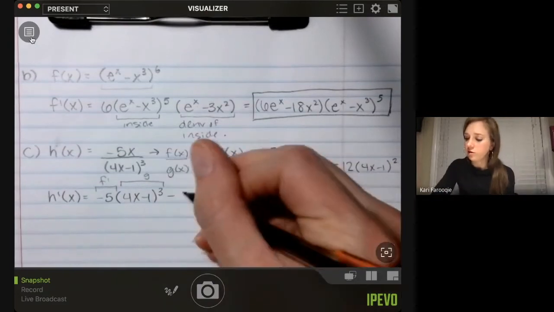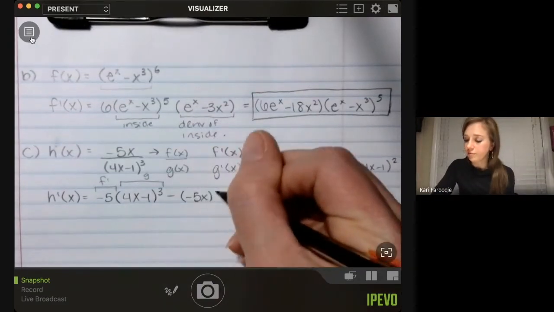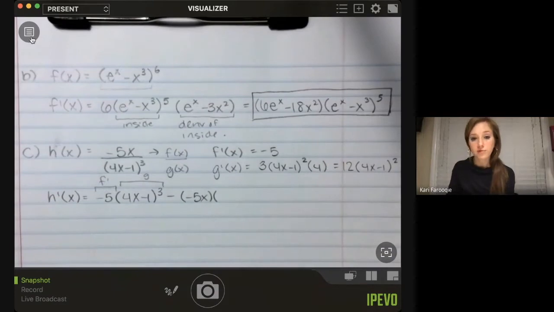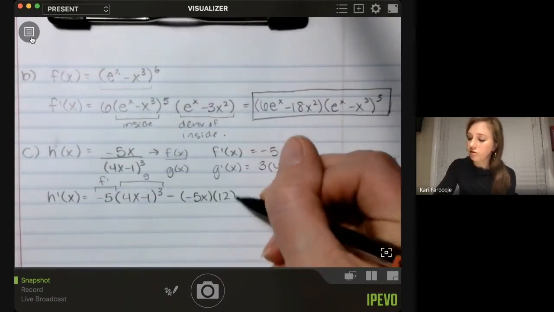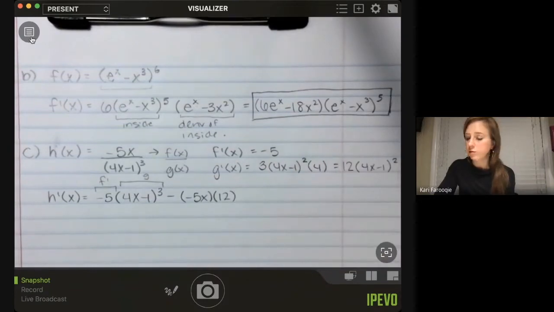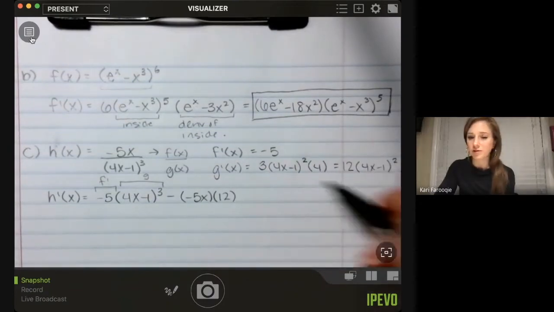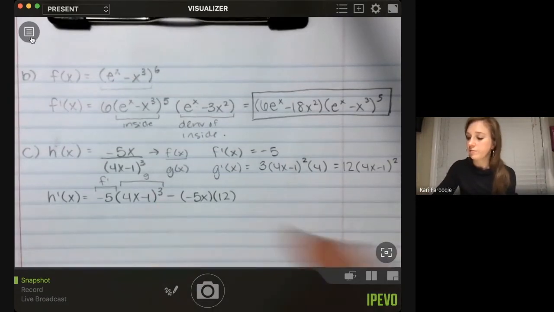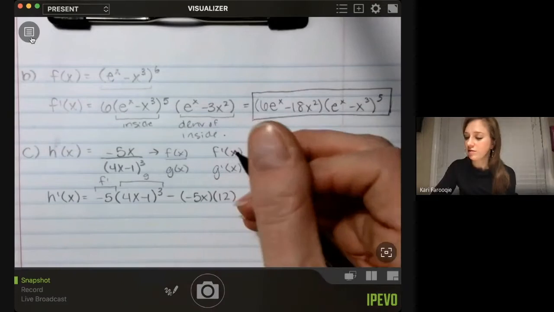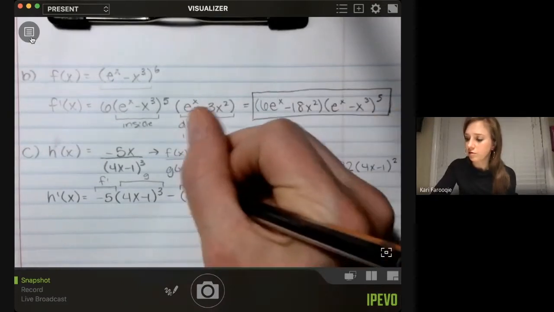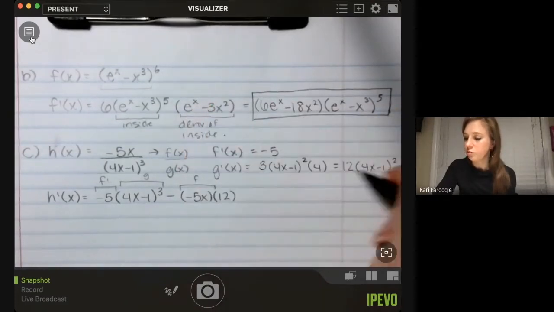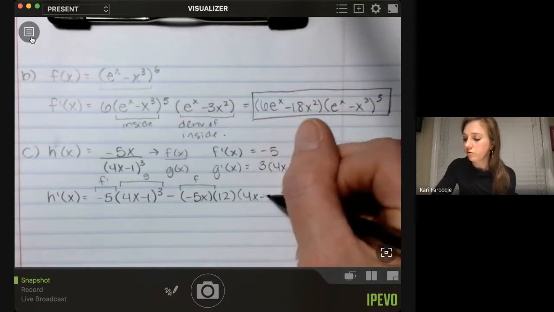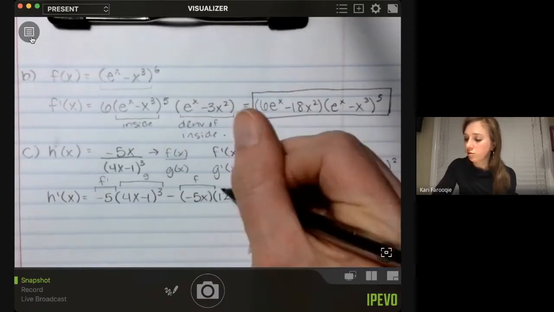Well, f is negative 5x. And then g prime. So g prime is this guy. Whether you want to do 2 sets of parentheses or 1, that's up to you. I'm just going to take each one of these factors and put them in parentheses. So we'll have minus f, and g prime was 12 times (4x minus 1) squared.